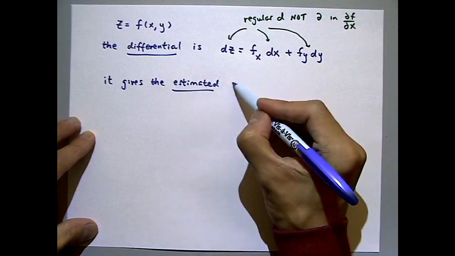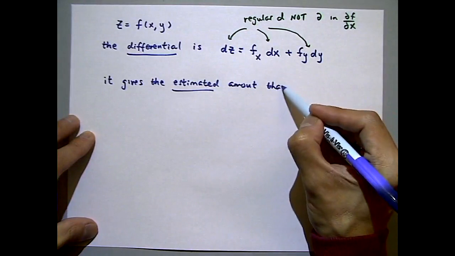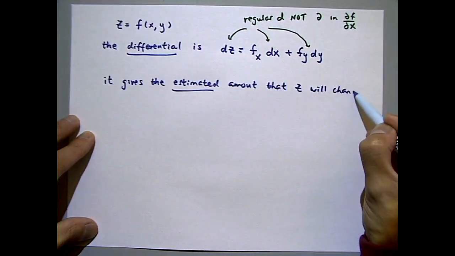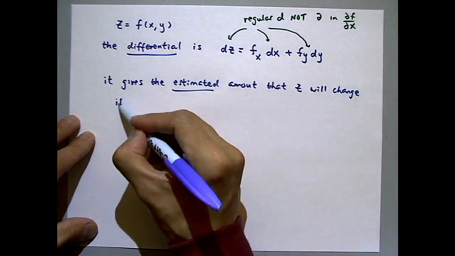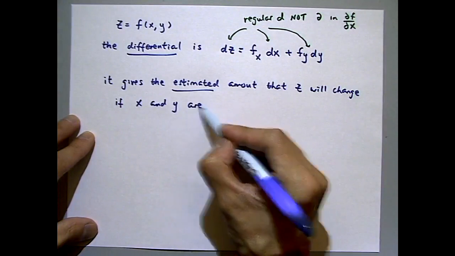The differential gives you an estimate of how much z is changing. The estimated amount that z will change if x and y are changed.